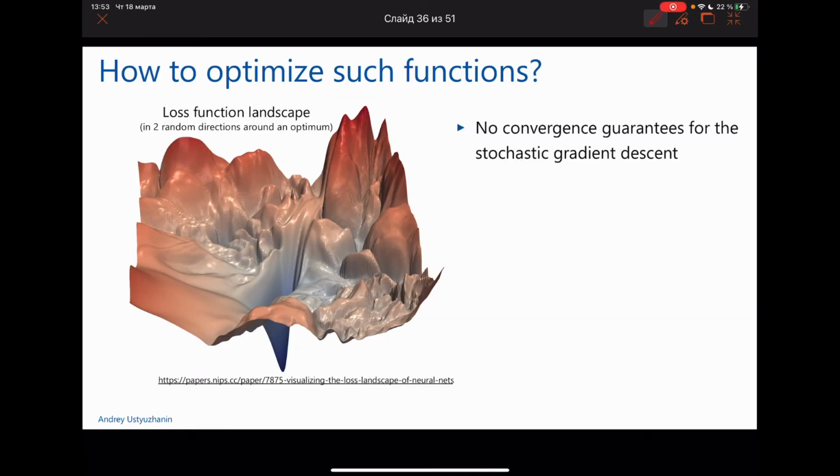So, what kind of optimization techniques can be used to find an optimum of the loss function? You remember the approach we considered called gradient descent, and the variation of this approach called stochastic gradient descent.